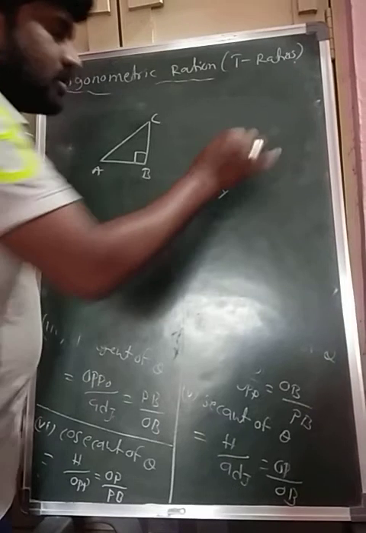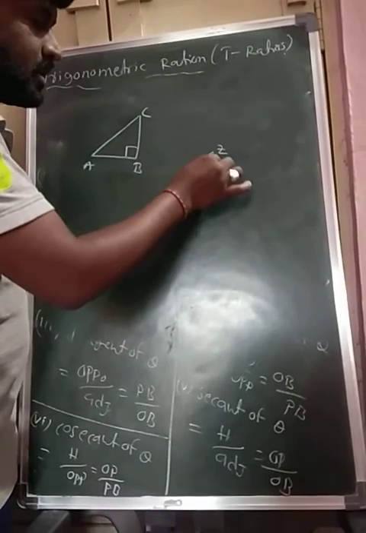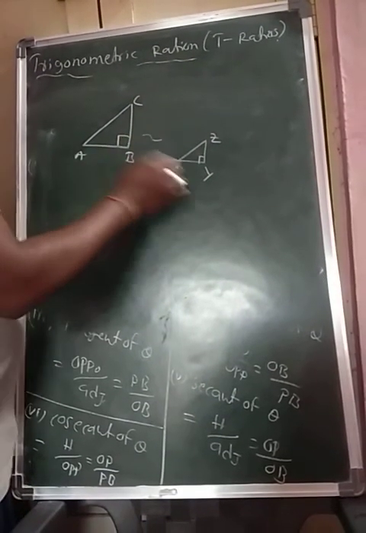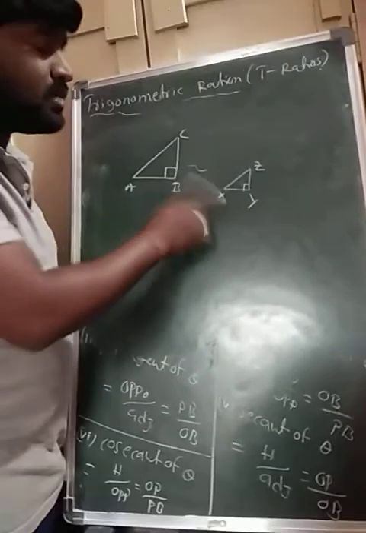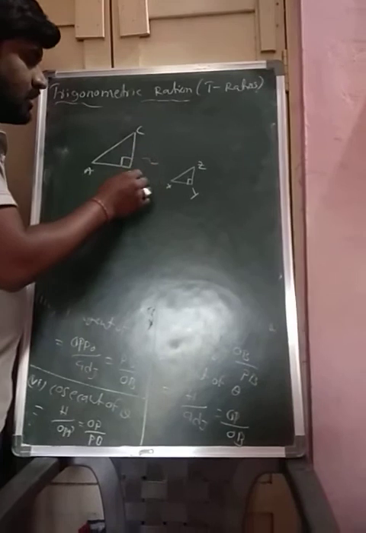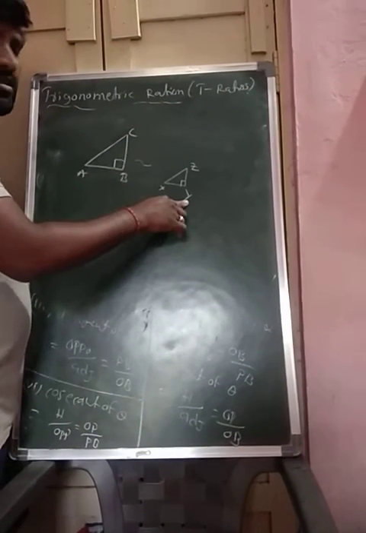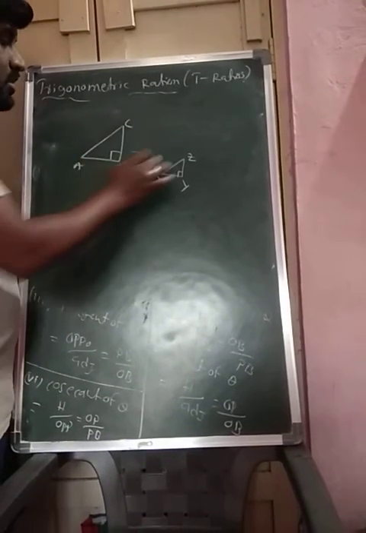Triangle XYZ is a right triangle at Y. Clearly these two triangles are similar. Angle B equals 90 degrees, angle Y equals 90 degrees. Angles are not changed, only the size differs.